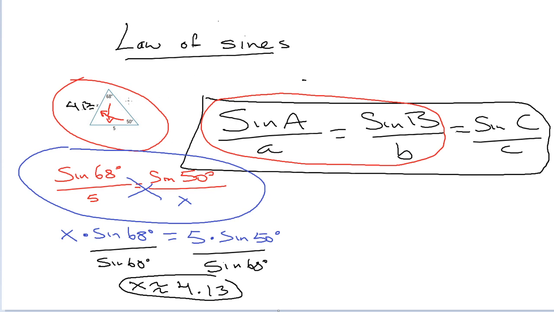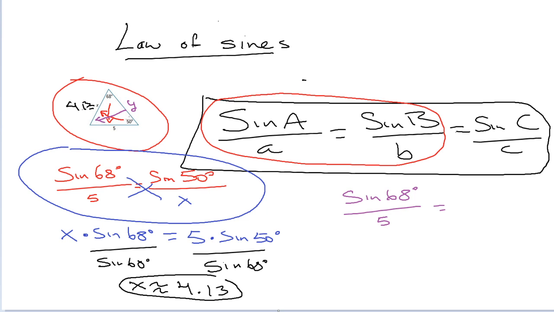Now, could I find this missing side over here? Let's call this y. And the answer is yes. I would have to set up another proportion. So I could do the same thing. I could do sine of 68 degrees over its opposite side, which is still 5, is equal to, so notice that I'm looking for y, so I need to find out what its opposite angle is. What is that angle?